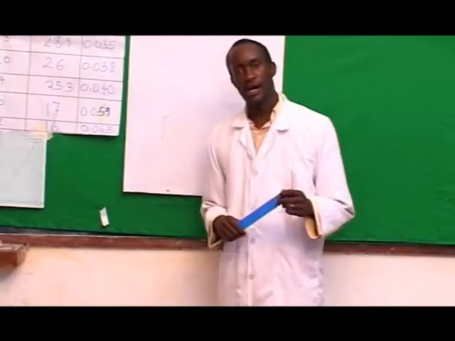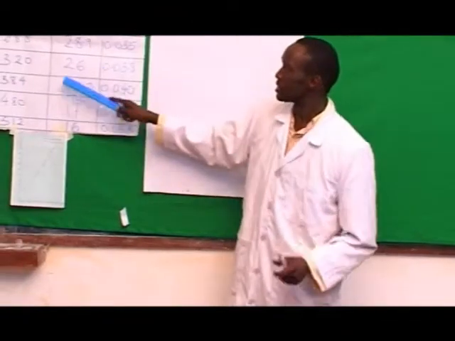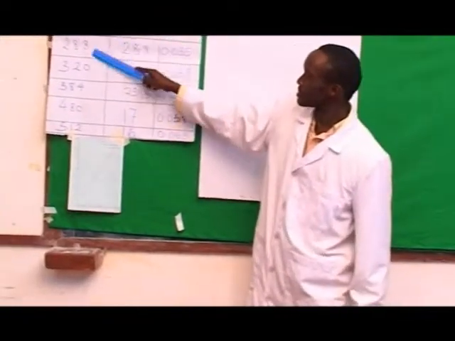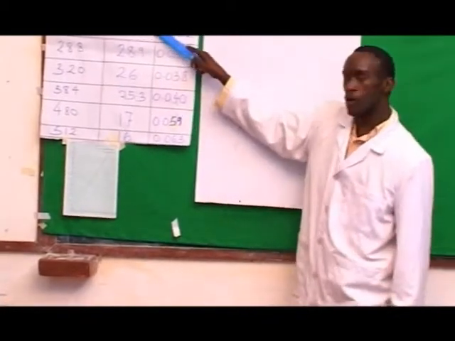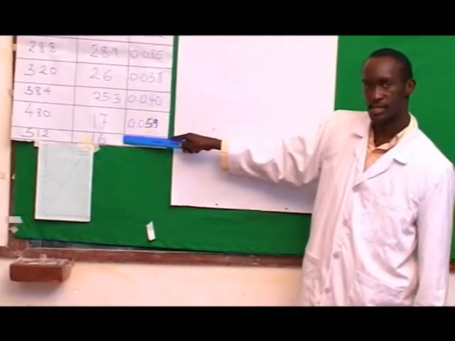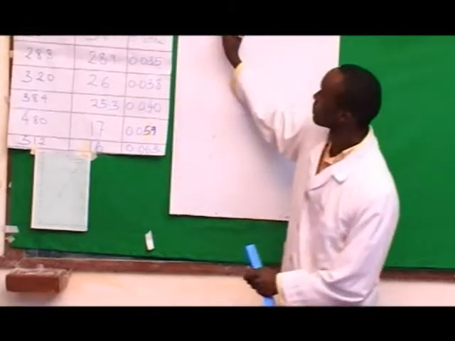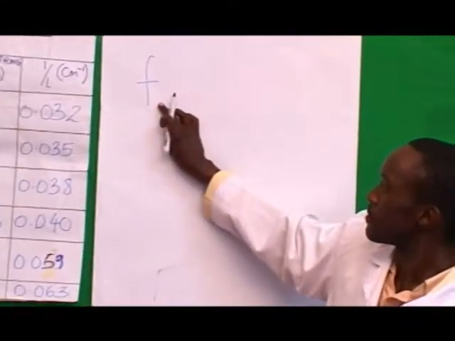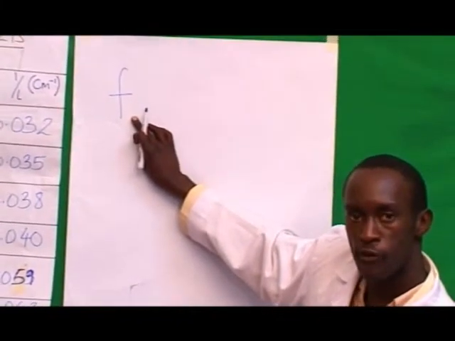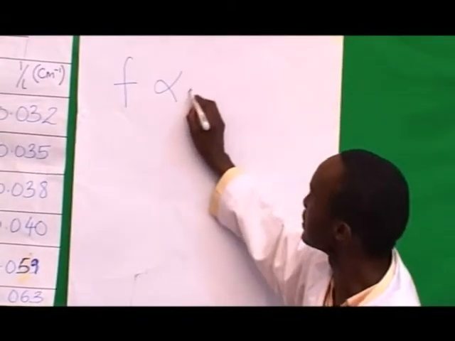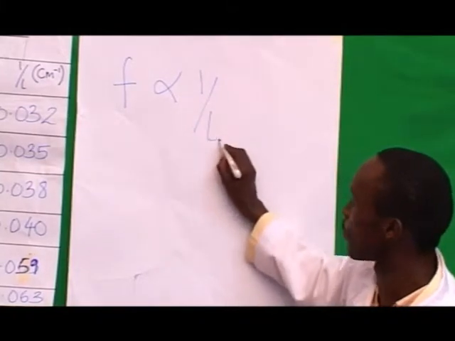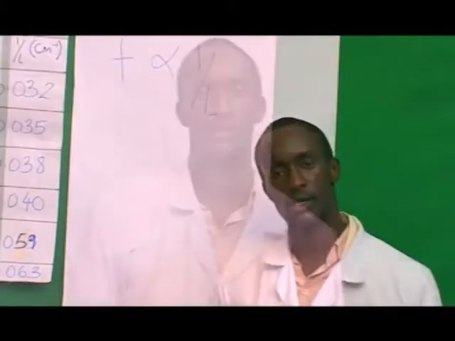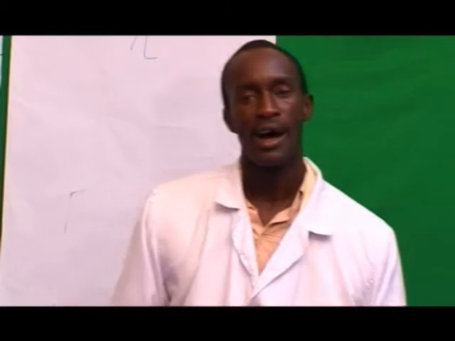Now, from the table values, as the frequency increases, the length of the string decreases. This shows that the frequency of the tuning fork is inversely proportional to the length of the string. Question: how does the frequency of a vibrating string vary with tension?